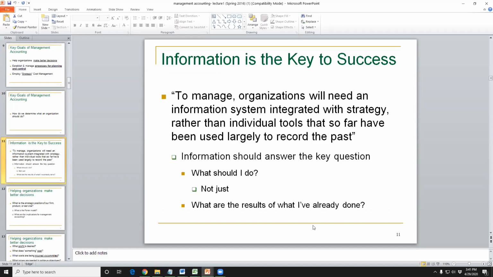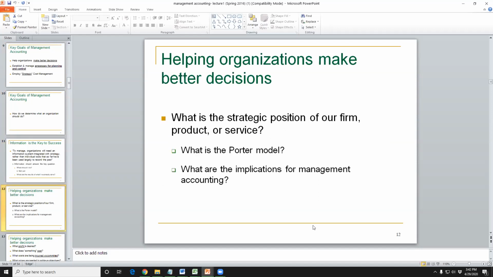Information is the key, right? To manage organizations will need an information system integrated with strategy, rather than individual tools that so far have been used largely to record the past. So later in the semester, if we get to strategic cost management, we'll look at the Porter model of strategy, which is cost leadership versus differentiation.